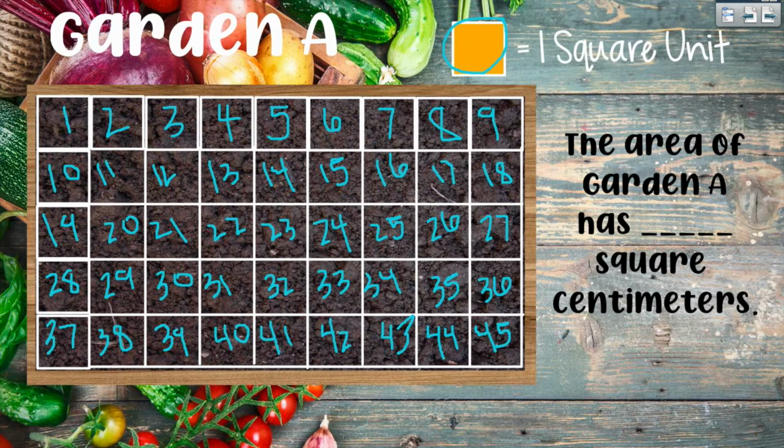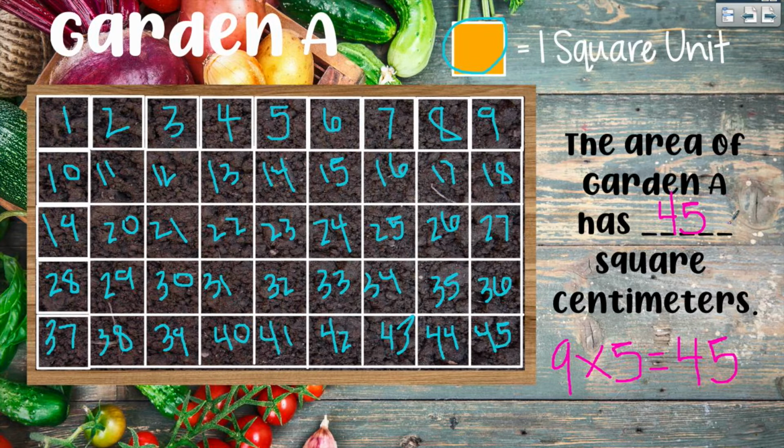So to the side, I like to say to myself, 9 times 5 equals, and I know that 9 times 5 equals 45. That's just a way that I can check myself. So the area of garden A is 45 square centimeters.